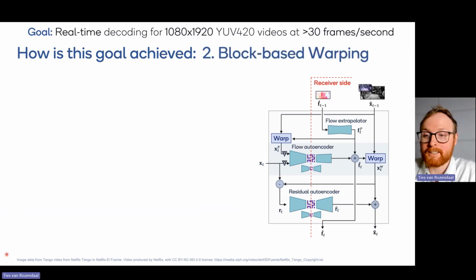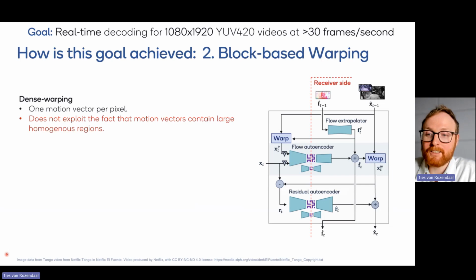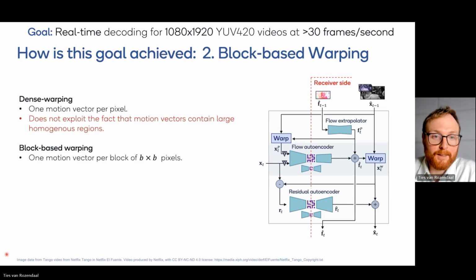The block-based warping is an important part of our model design. In contrast, dense warping, which is typically used, has a motion vector for every pixel in the image. However, this does not exploit the fact that motion vectors typically contain large homogeneous regions. Block-based warping actually uses blocks of B by B pixels, and within the block, all pixels share a motion vector.